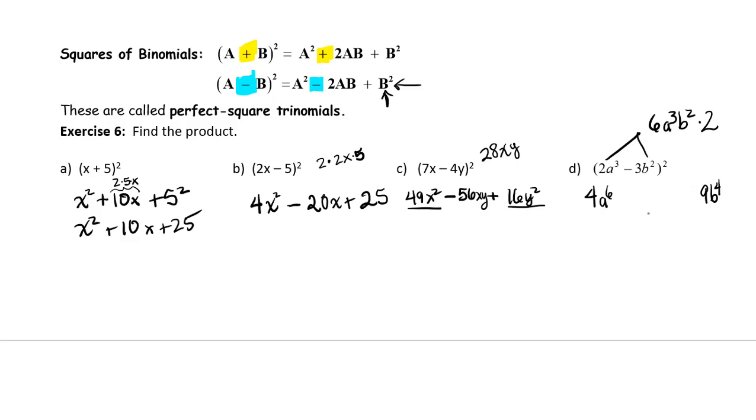This will give me a 12a to the third, b to the second, and I'm just going to drop my signs in there according to the rule. It was a negative in between the two terms, so we're going to use this second rule where I'll have a negative and then a positive.